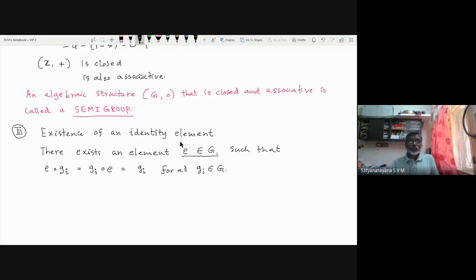That's it. Okay. So as usual, let me give you an example of a set where this is not there. Example. So you consider N plus. Okay. So this N plus is closed, as we have seen, and this N plus is also associative. But there is no identity.